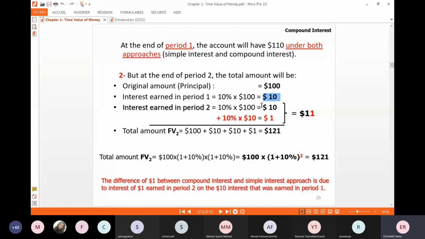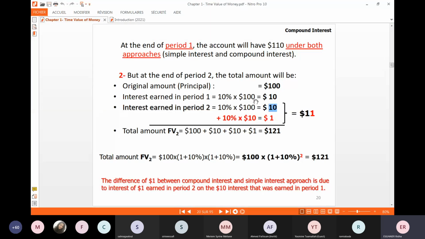So we will have 10% on the original amount, that represents another $10, and the additional interest, compared to the simple interest technique, is the interest on the previous interest, the interest on the $10 earned during the year, which will give us an additional $1.